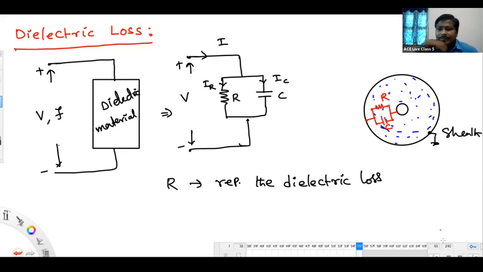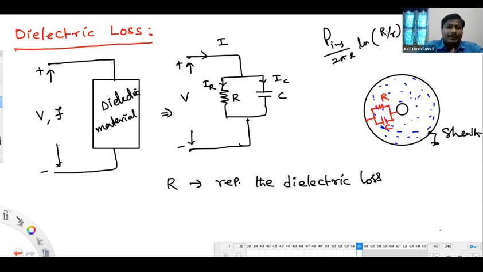Anybody please tell me. Yes or no? No, it's not exactly the insulation resistance. The formula we have written, rho insulation by 2 pi L into Ln of capital R by small r, is not that. There is some other reason for this dielectric loss.